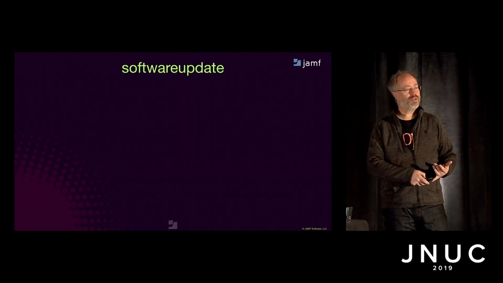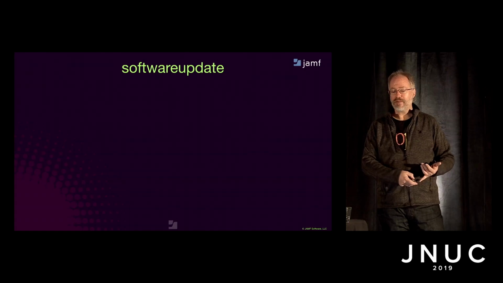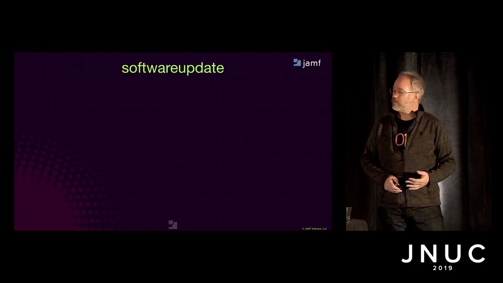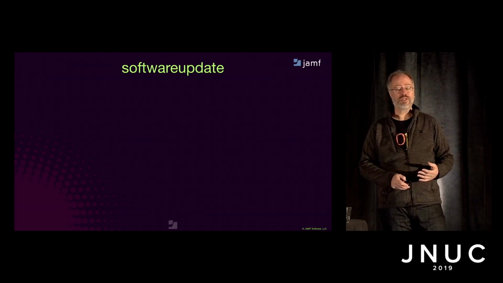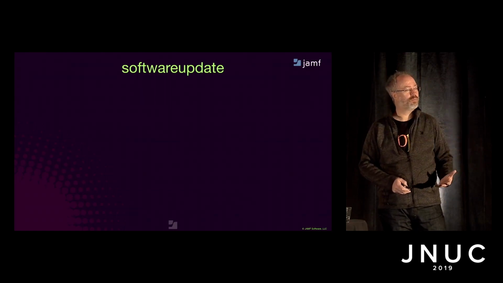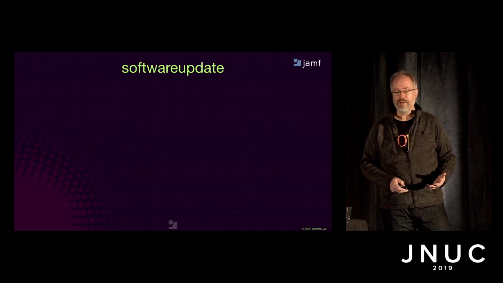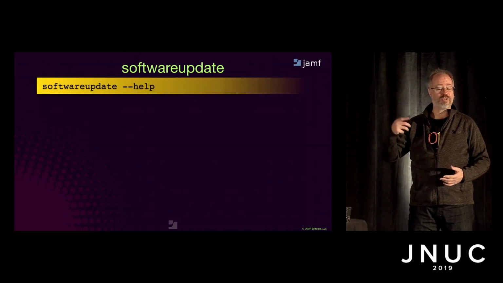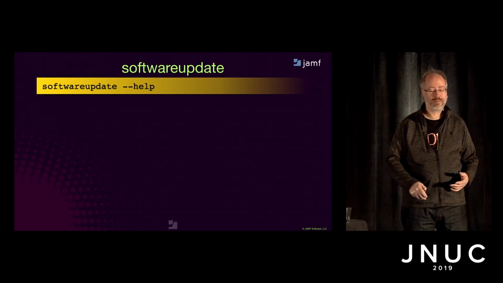All right, a little bit ago I mentioned the softwareupdate command, and its purpose is to install macOS updates. So if I run the softwareupdate command in terminal, it's going to show me the help for how to use softwareupdate. I can also run softwareupdate followed by the --help option and get the same thing.